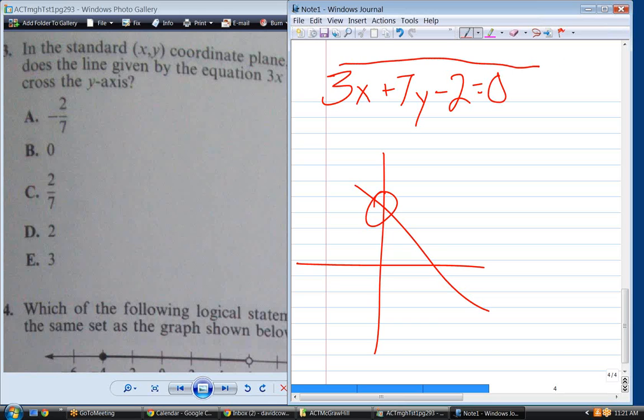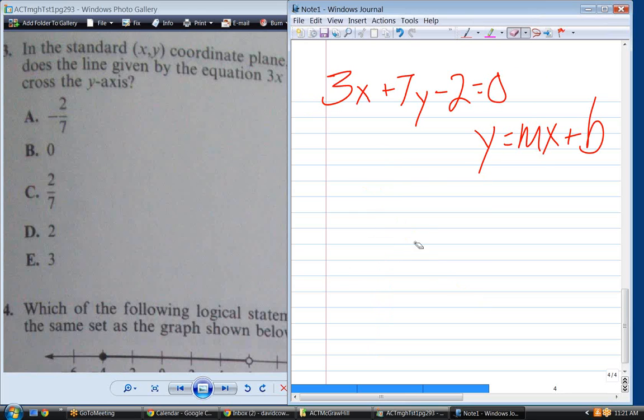First of all, we can solve that to put it into y equals mx plus b format. Let's do that, just to make sure you know how to do it. And then what's going to be the y-intercept once we get it in that format?